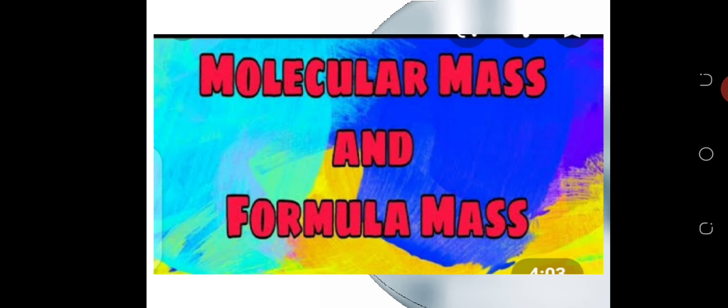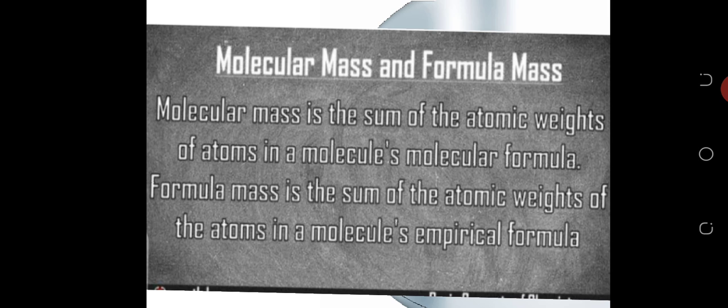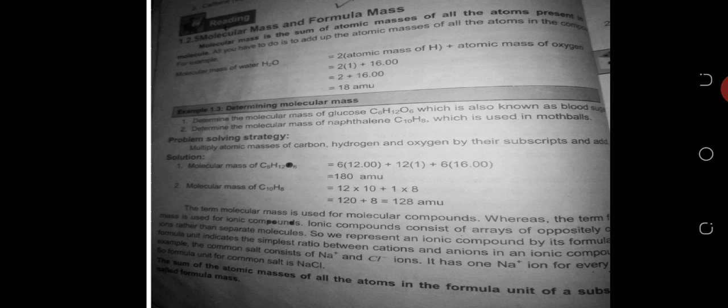Now come to the molecular mass and formula mass. As you know, the molecular mass is the sum of atomic weights of the atoms in the molecule's molecular formula. Formula mass is the sum of the atomic weights of the atoms in the molecule's empirical formula. Whenever we come to your textbook, you will see a page like this on page number 14.